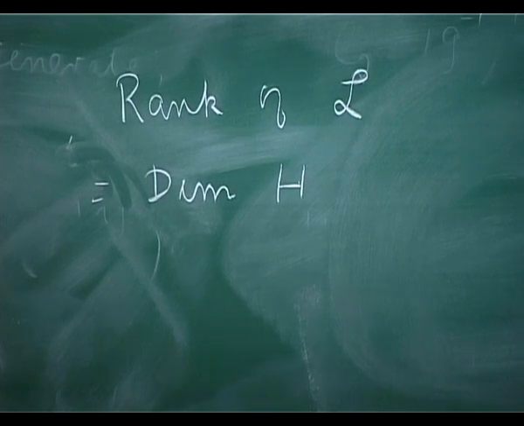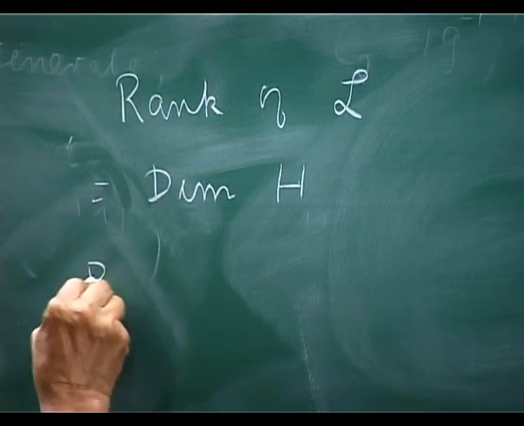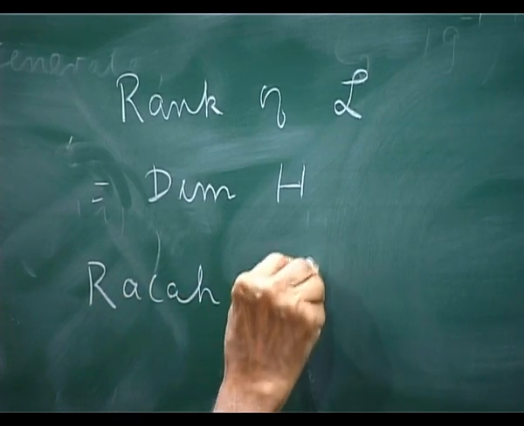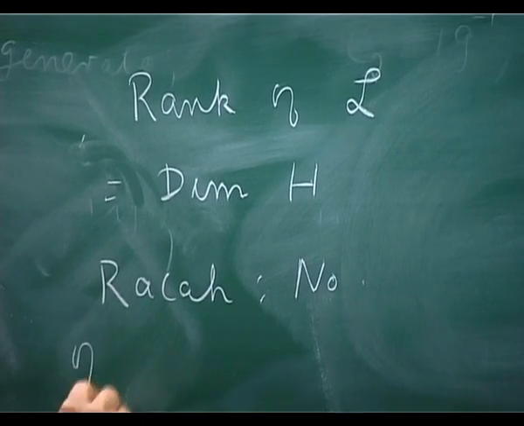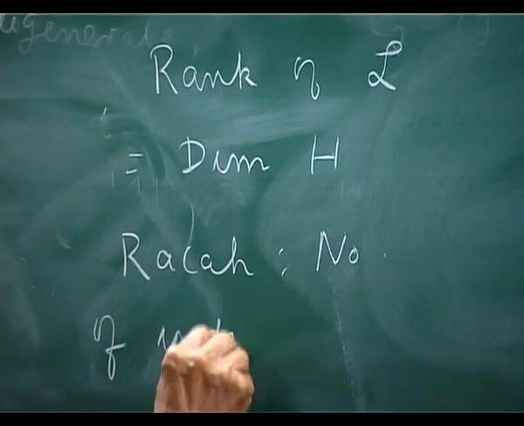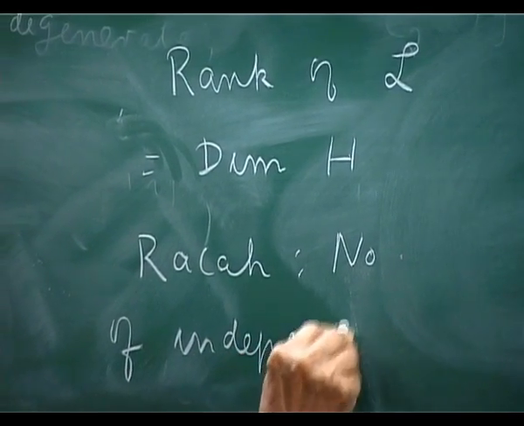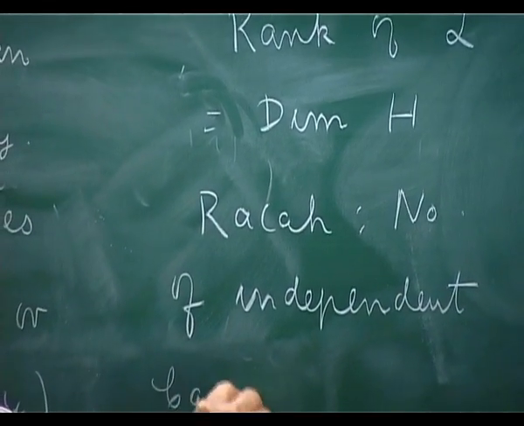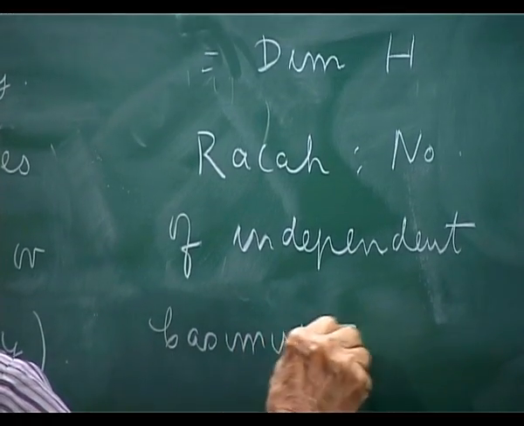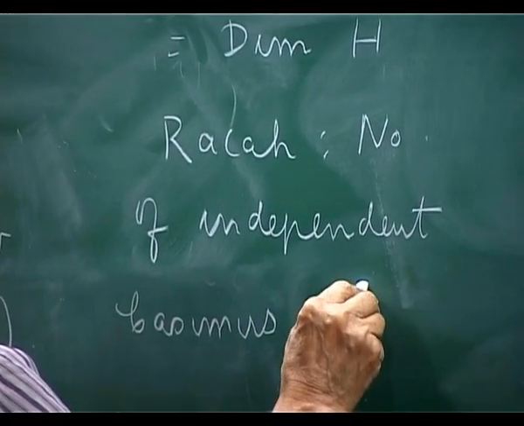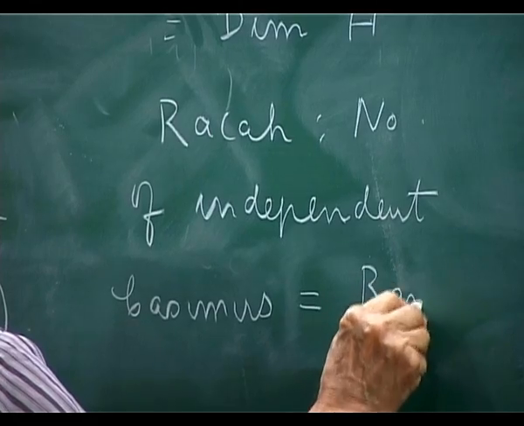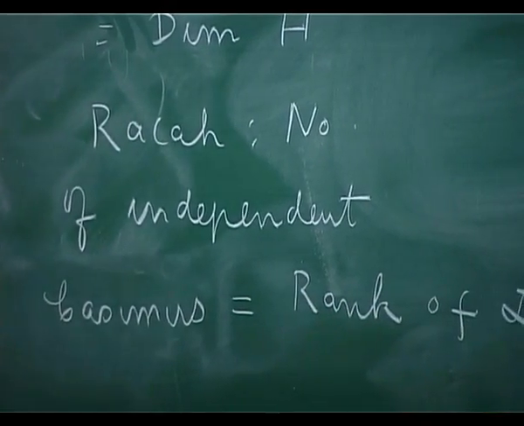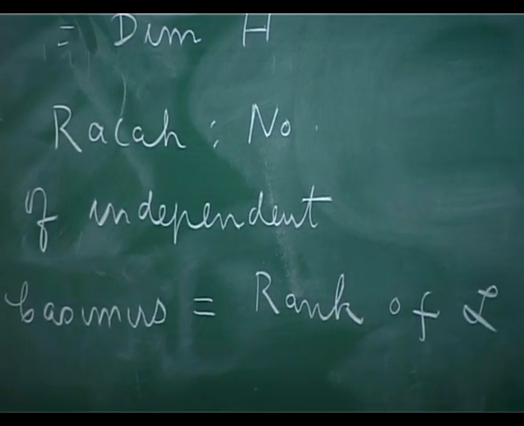And it is a theorem, not easy to prove, that the number of independent Casimirs is equal to the rank of L.